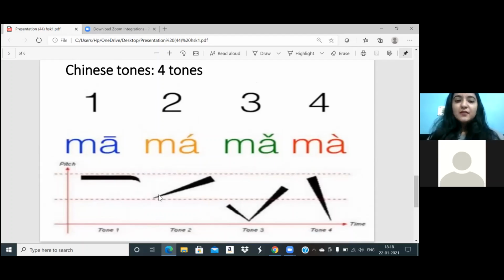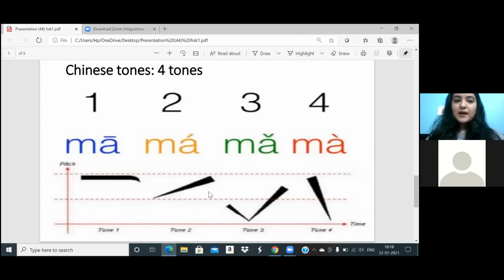In the second tone, which is the rising tone, it is pronounced as ma, ma. As you can listen, you can see that my tone is rising from lower, it's getting higher. Yes, very good. In the third tone, it's falling and then rising.